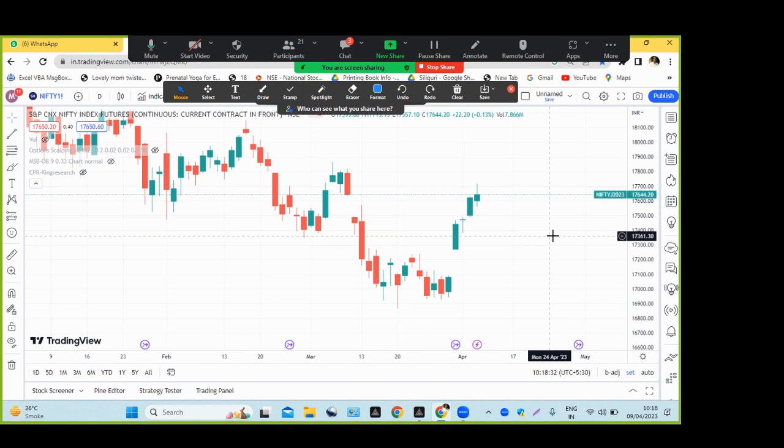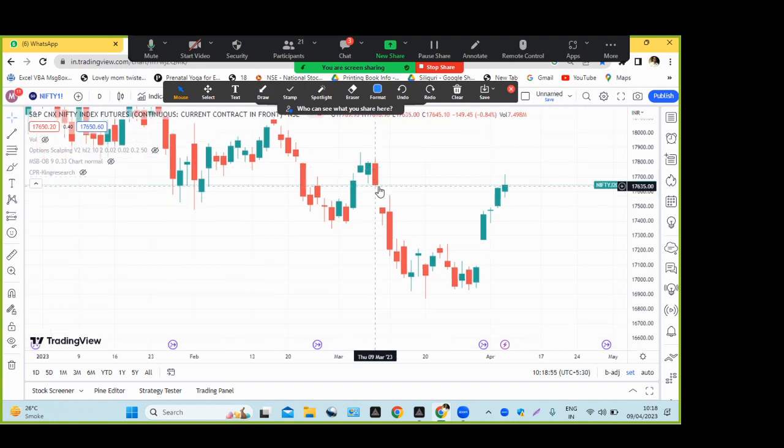Now point number three. What was point number three? When is the time to trade? When that candle is appearing. Let's say we are considering this candle. Forget about these candles; all these candles we are talking about are the 9th March 2023 candle.